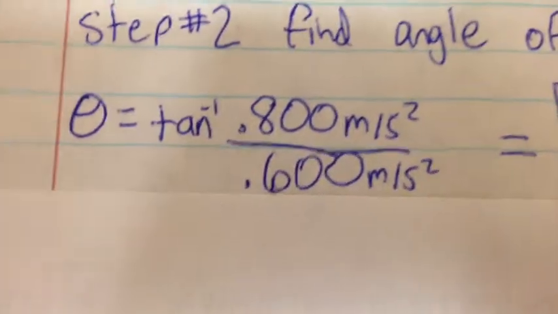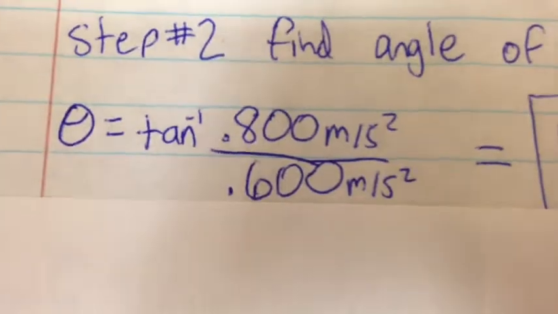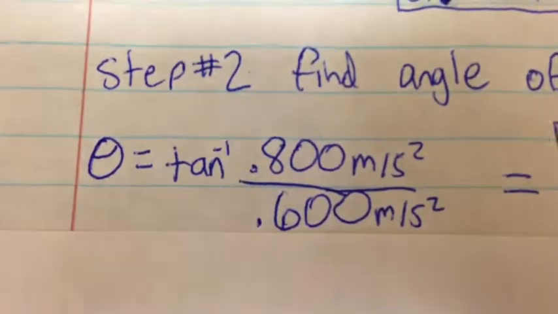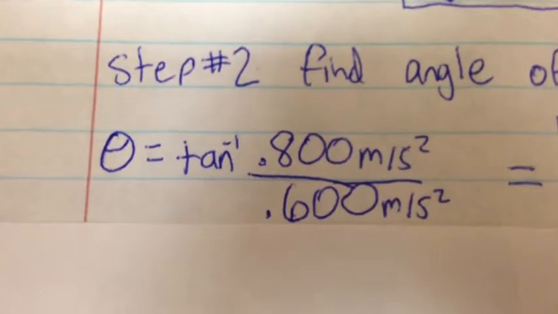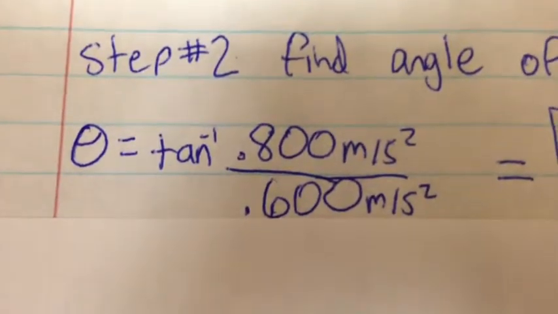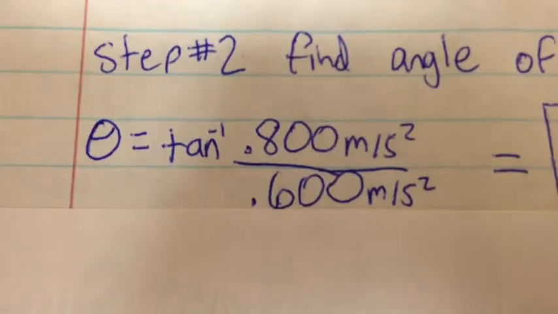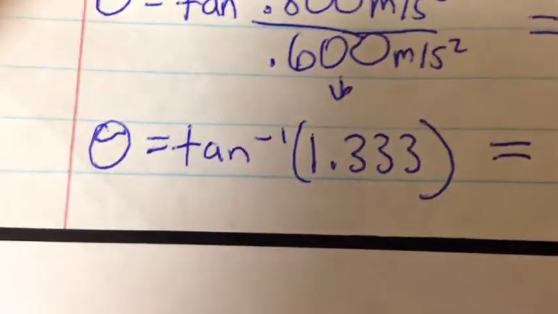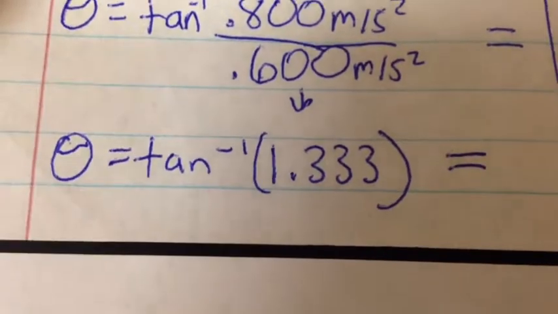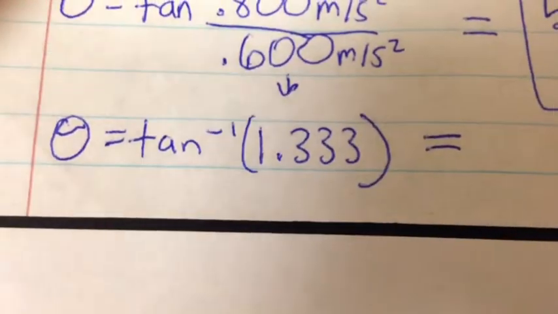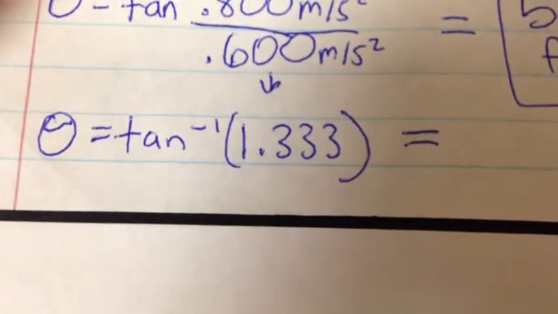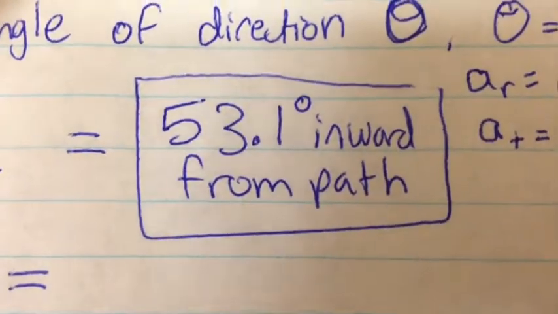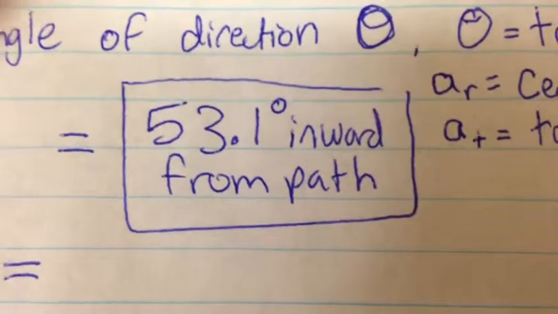Plugging in the values found in parts A and B gives us inverse tan of 0.800 meters per second squared over 0.600 meters per second squared. Solving for that gives us theta equals inverse tan of 1.333, which brings us to our answer, 53.1 degrees inward from the path.